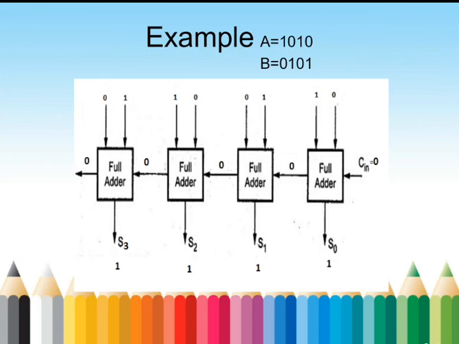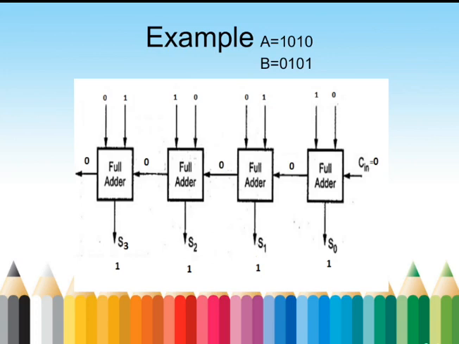So we should use these expressions, initially to find the sum output S0. We have the inputs 0, 1 and 0. To find S0, it is 0 XOR 1 XOR 0, that is 1. And for carry, it is 0 into 1 plus 1 into 0 plus 0 into 0, which is 0. Similarly, for our second full adder circuit, to find S1, it is 1 XOR 0 XOR 0, that is 1.